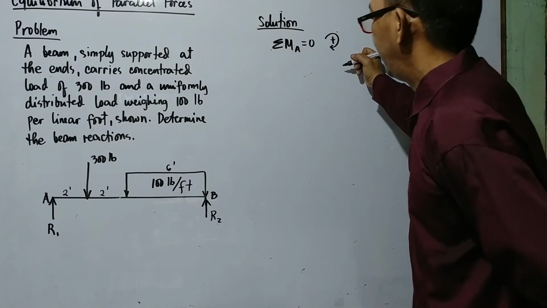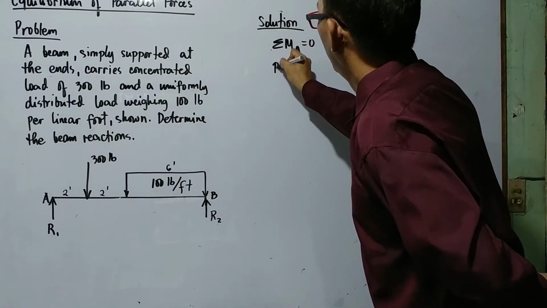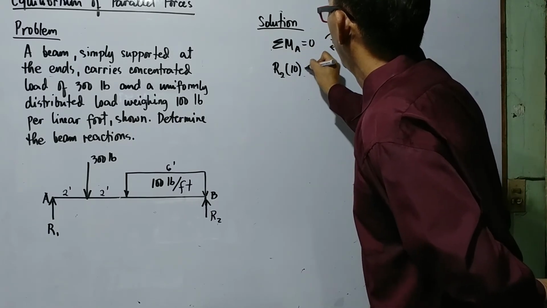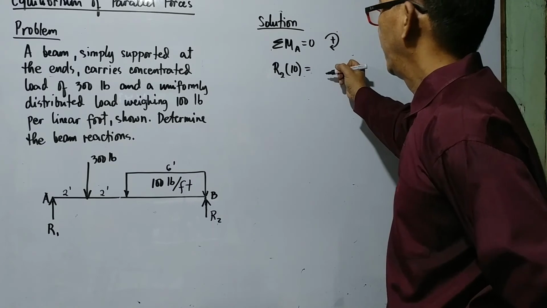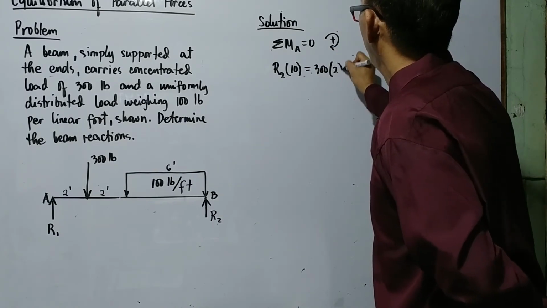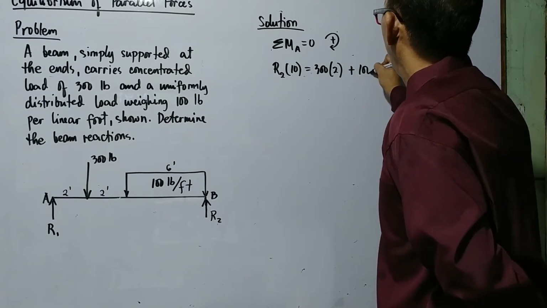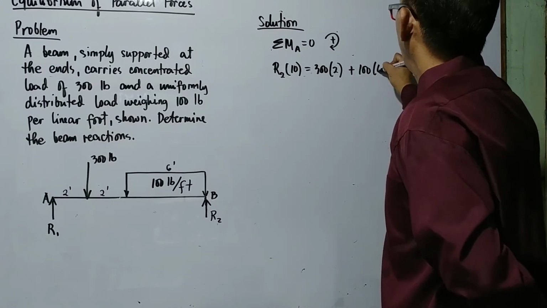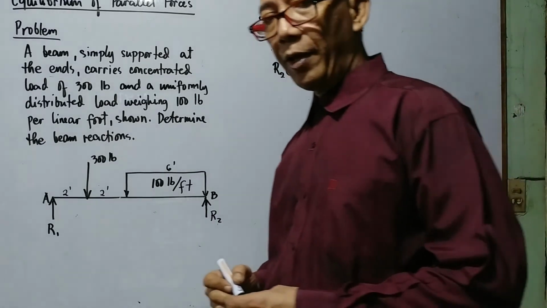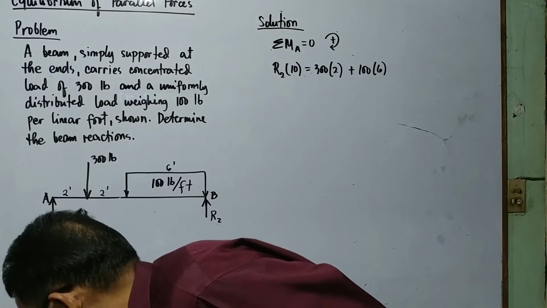So we have R2 times 10 equals 300 times 2 plus 100 times 6.